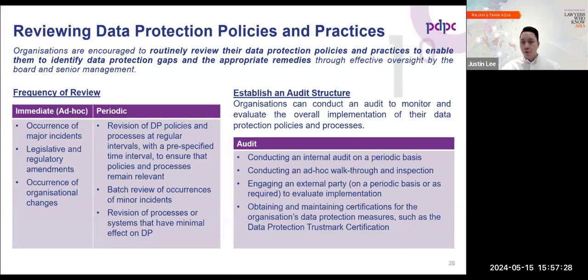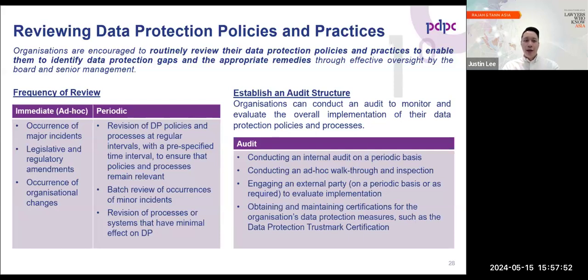How do you keep this whole framework that we develop up to date? Very directly, organizations should routinely review their policies and practices to identify gaps and put in place the appropriate remedies through effective oversight. So depending on what we're talking about, there should be a regular review that's established.